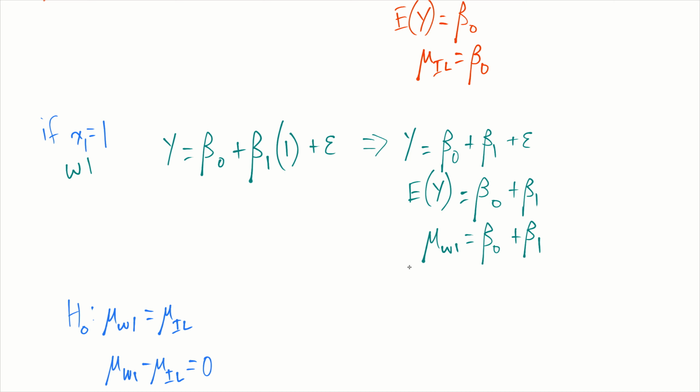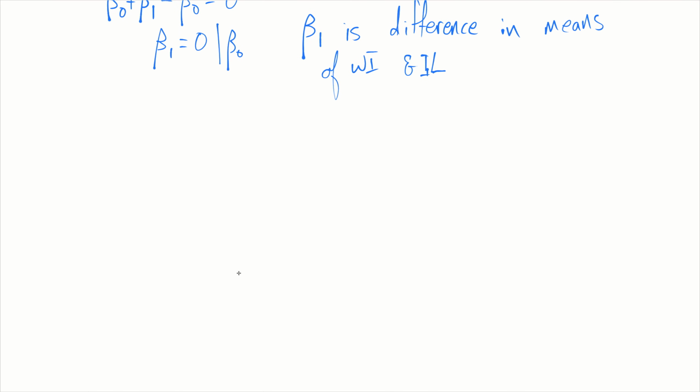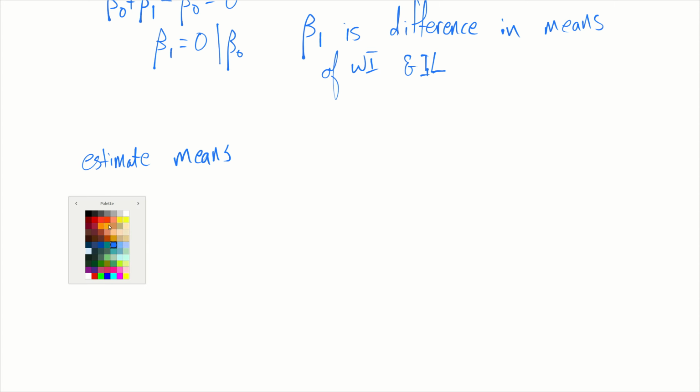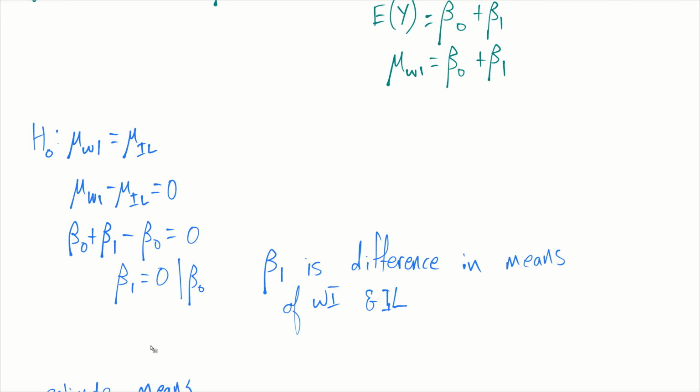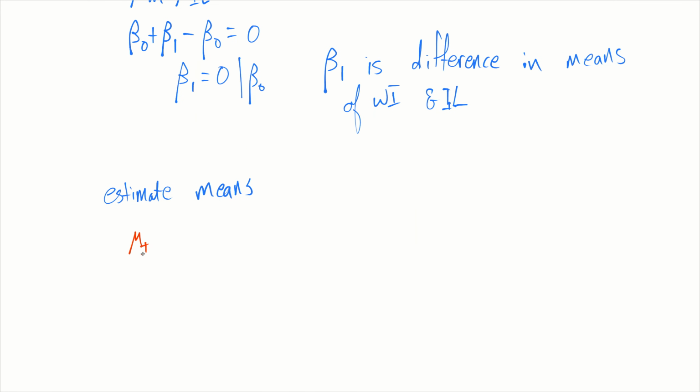So we can estimate the means. We fit the regression. We can estimate our means. Illinois was orange, right? Mu hat of Illinois is simply our estimate for the intercept.